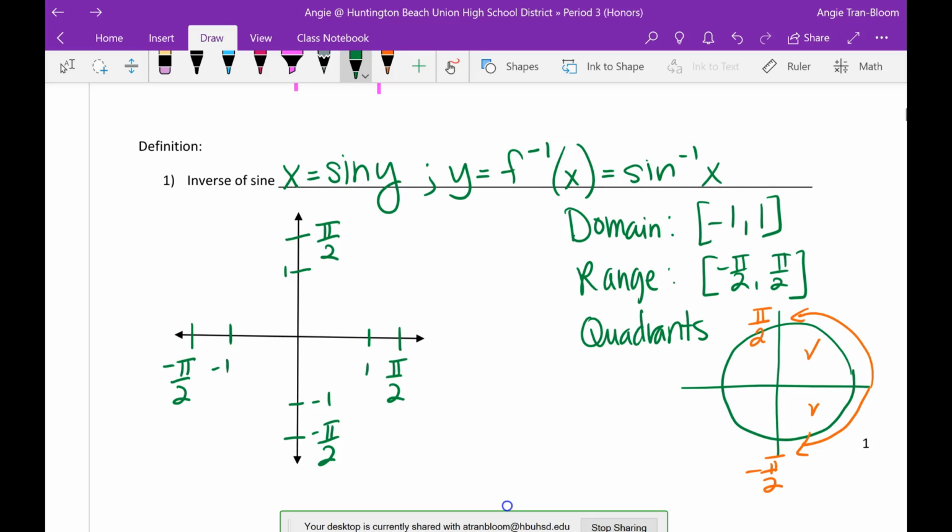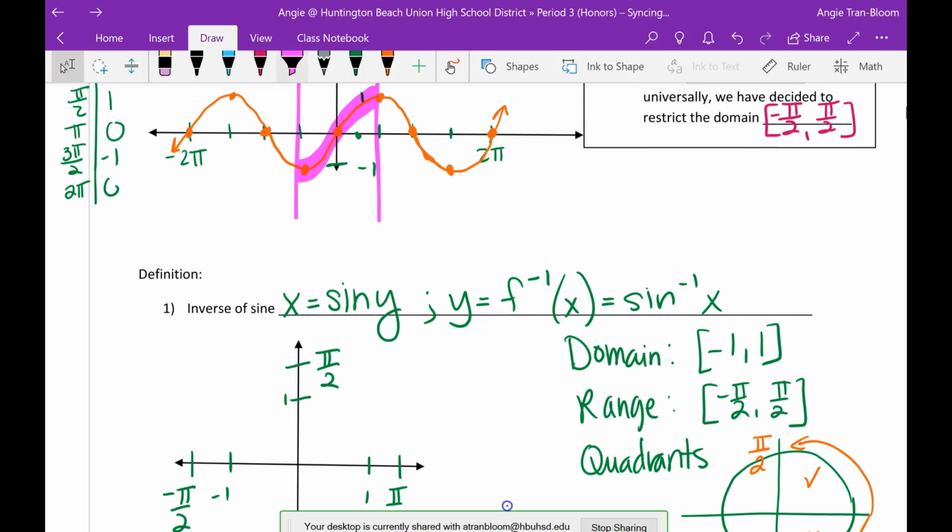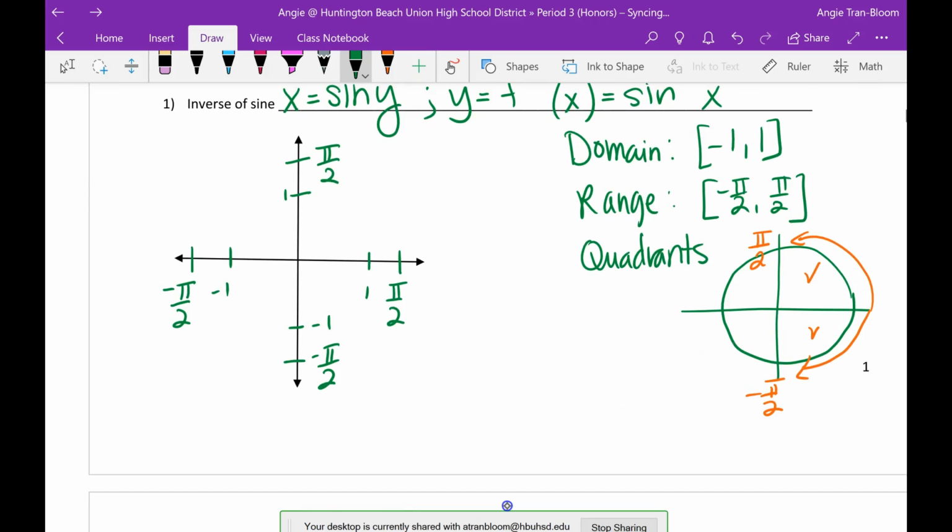Okay. All right. First dot. This dot right here, can you see that? That is negative pi over 2 comma what? Negative 1. So negative pi over 2 comma negative 1. Make a dot right there. And then 0, 0. Then positive pi over 2, it's what? Positive 1.